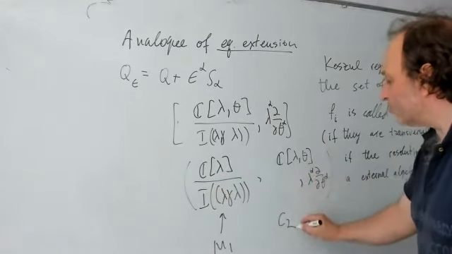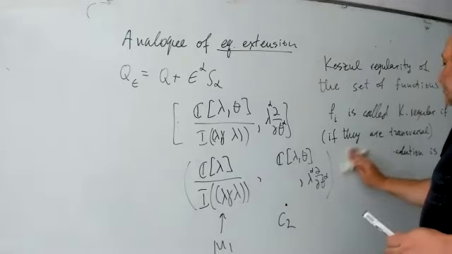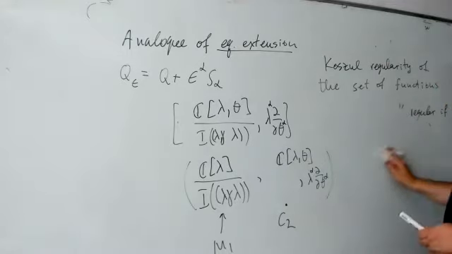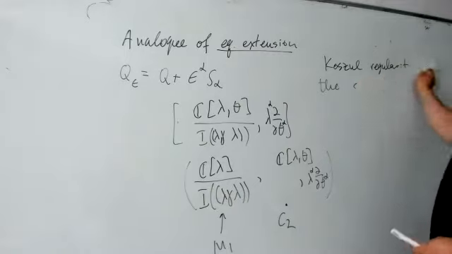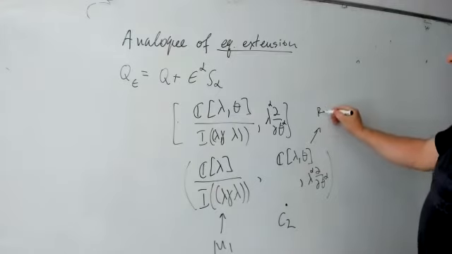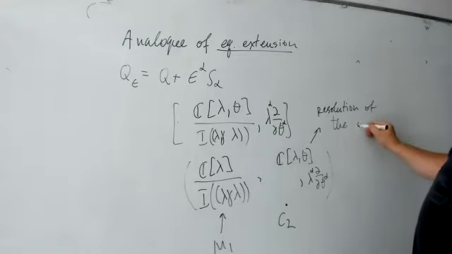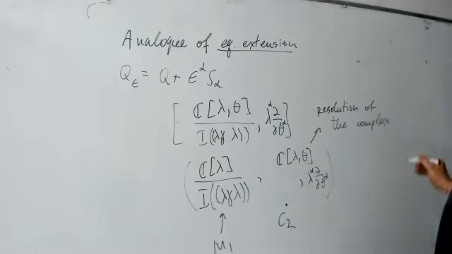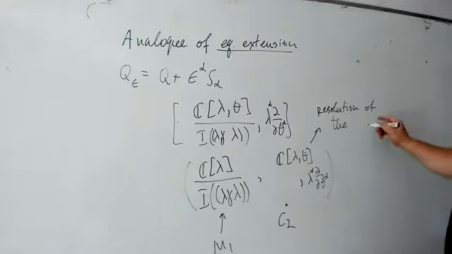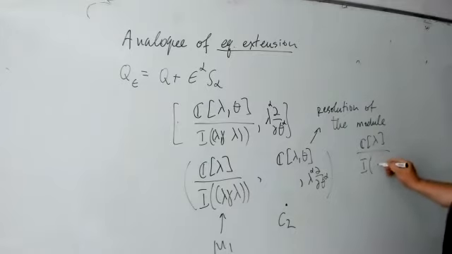And this is what I would like to call the C2 complex. So first, let us see that this is a resolution of the module C of lambda, where we have the ideal generated by lambda.